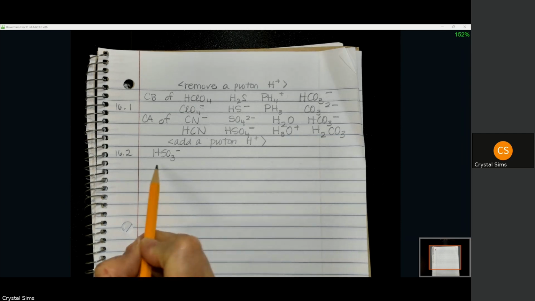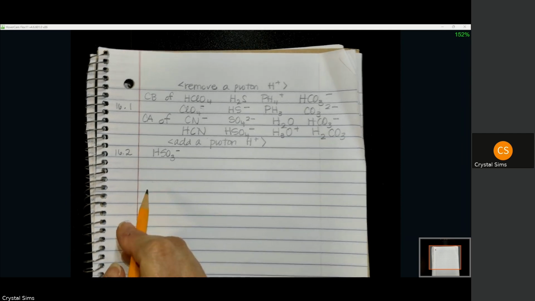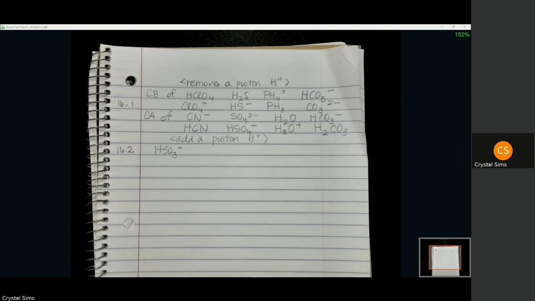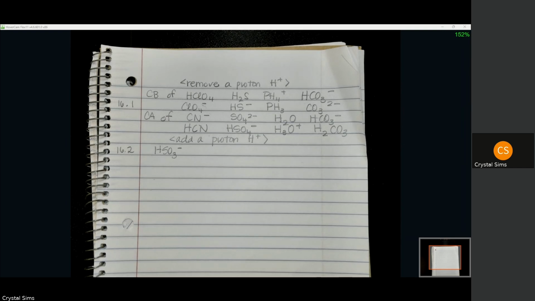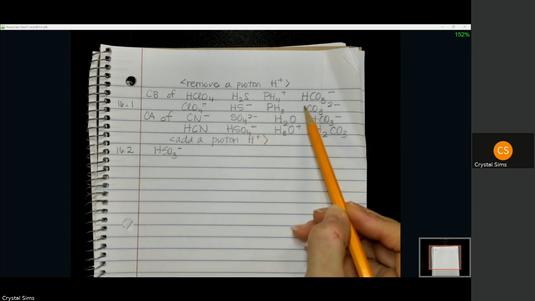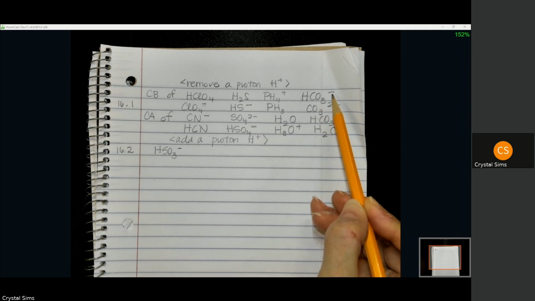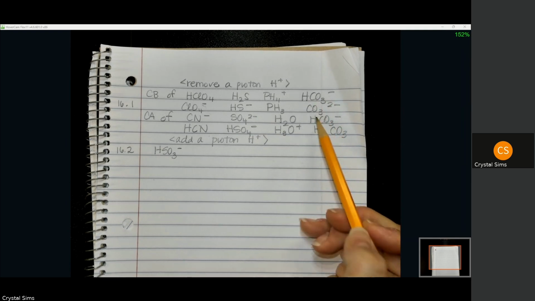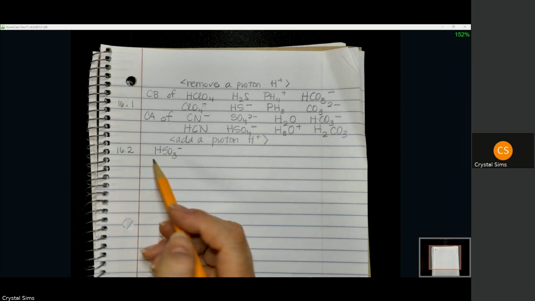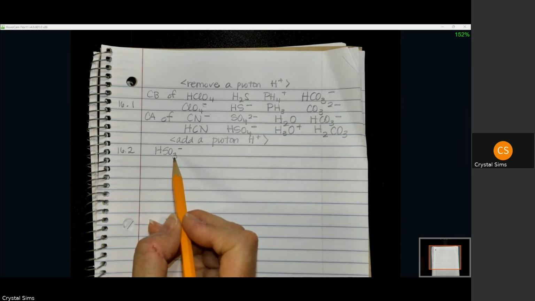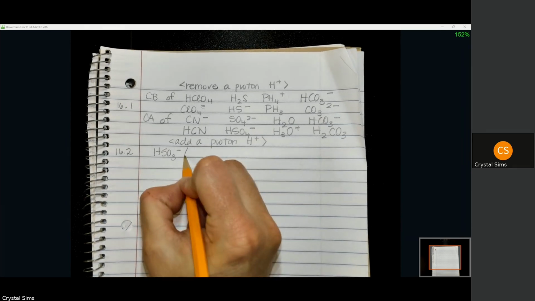So this hydrogen sulfite ion is an example of an amphiprotic substance where it can act as an acid and a base. Kind of like we saw up here with the HCO3 minus, it could act as an acid and a base. So they want us to combine this with water.